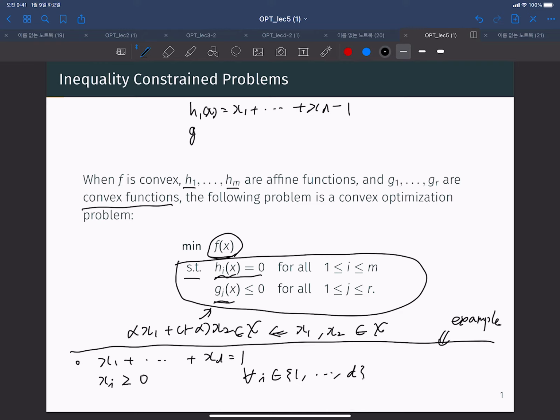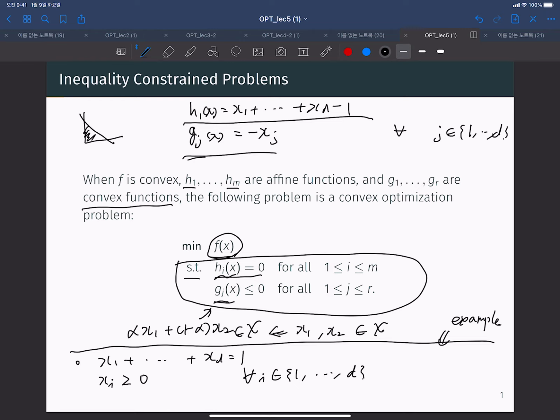We also have gj(x), which is equal to minus xj for all j belonging to 1 through d. So here we have different g functions and only one single h function. Since h is an affine function and g is also an affine function, and an affine function is a convex function, g is also a convex function. So they define a convex constraint set.